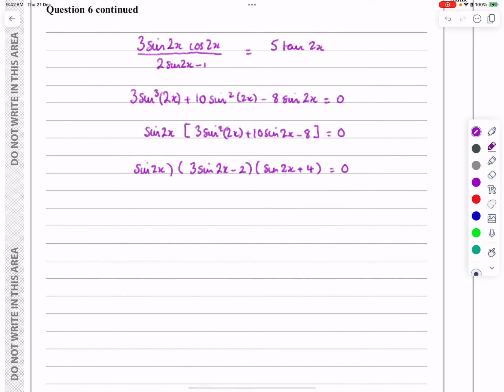So we're ending up with that equals 0, which is going to give me my 3 possibilities. So sine 2x equals 0, 3 sine 2x minus 2 equals 0, or sine 2x plus 4 equals 0. Now this is a fairly standard sort of thing. I'm going to get sine 2x equals 0, which I can work out from the curve.